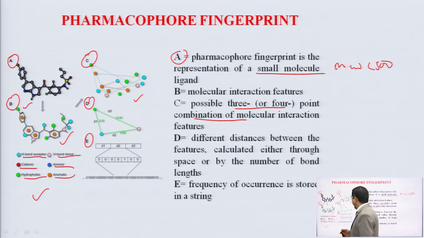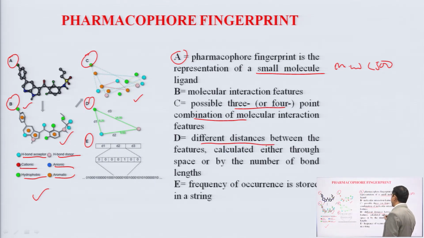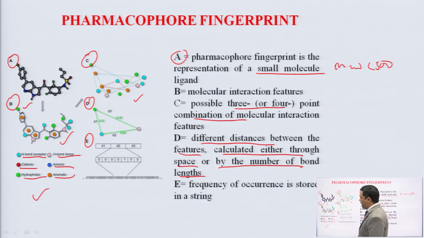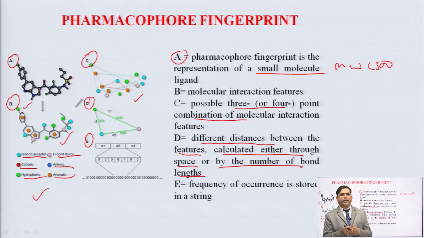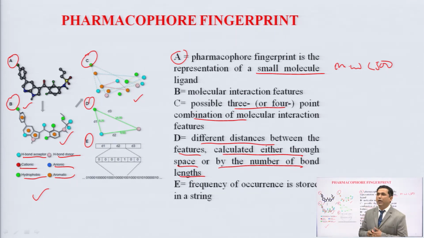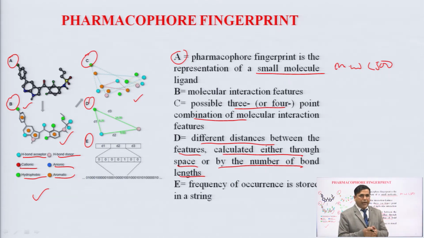Now, come to D. Here the different distances between the features are calculated either through space or by number of bond lengths. We have to calculate the distances between the different features present in the ligand.